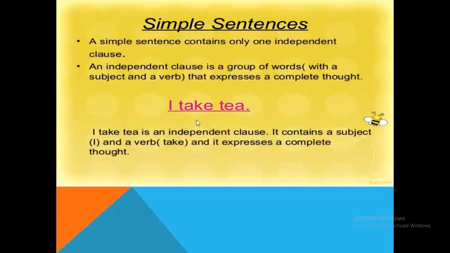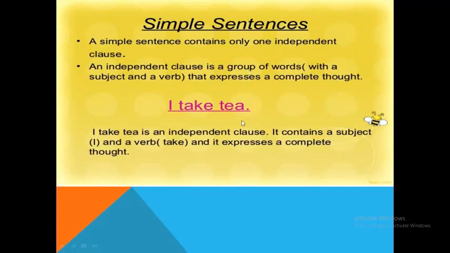First of all, let's see what simple sentences are. A simple sentence contains only one independent clause. An independent clause is a group of words with a subject and a verb that expresses a complete thought, and it can be a very small sentence as well, like you can see here, I take tea.